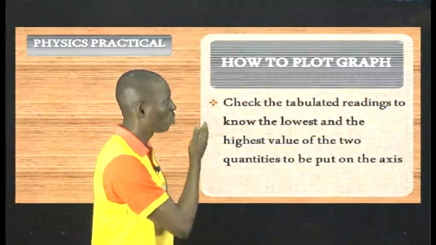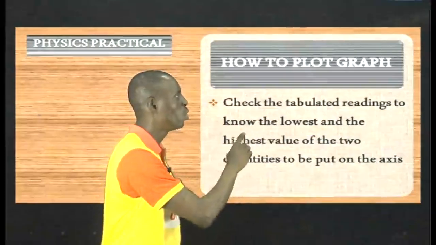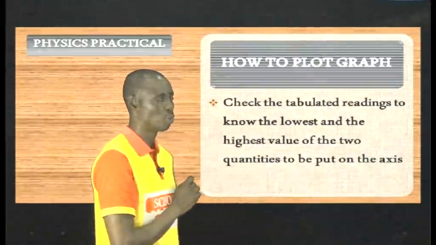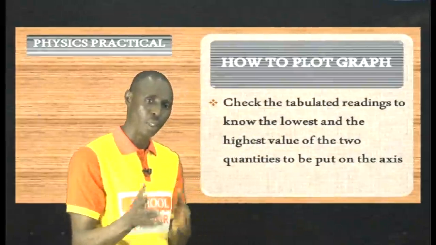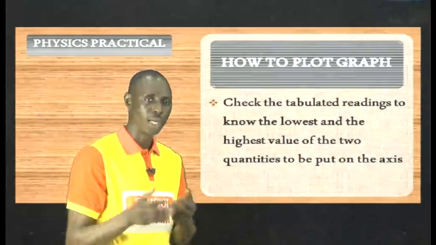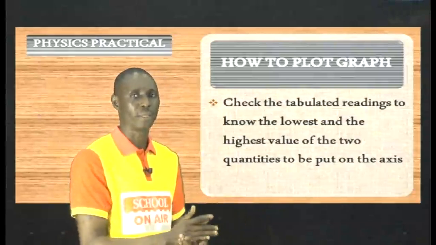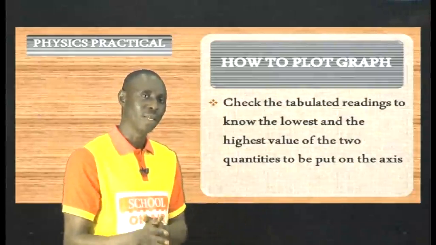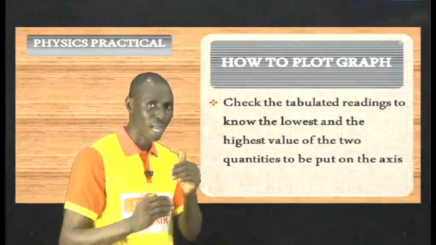Also, when we want to plot graph, we need to check the tabulated readings to know the lowest and the highest value of the two quantities to be put on the axis. This is very important. I told you at the onset that when you look at the table that you have with you, the table is going to show you what is going to be allocated to the y-axis and what is going to be allocated to the x-axis. It is also important for you to look at the figures, the highest and the lowest figure.